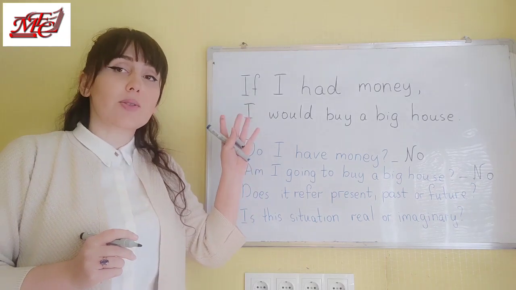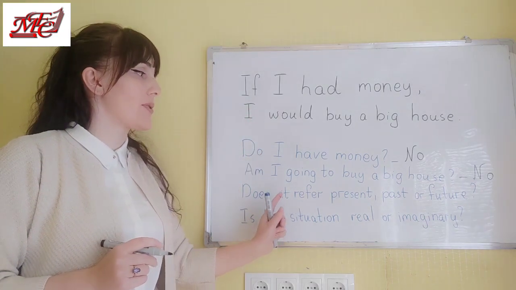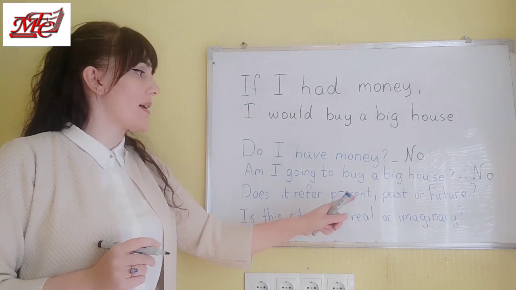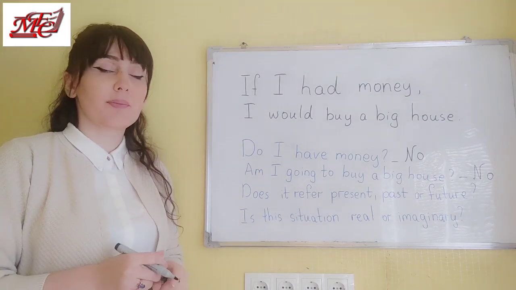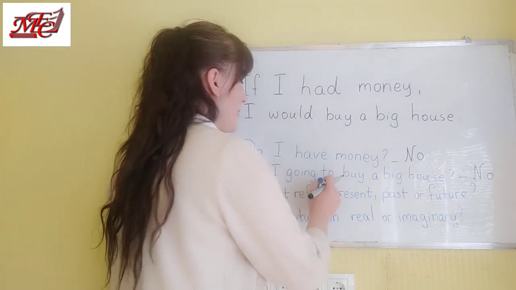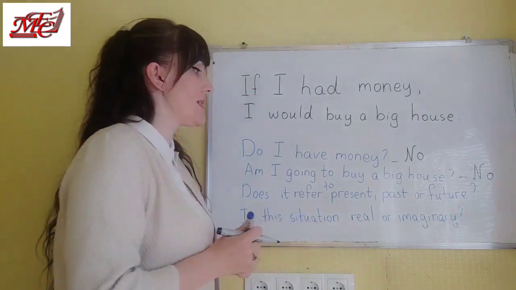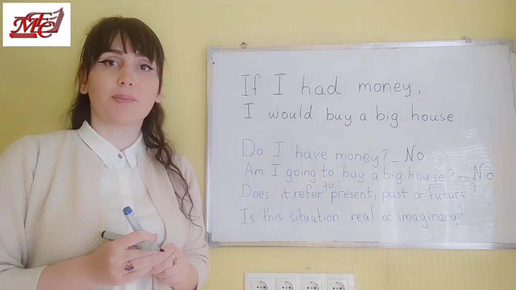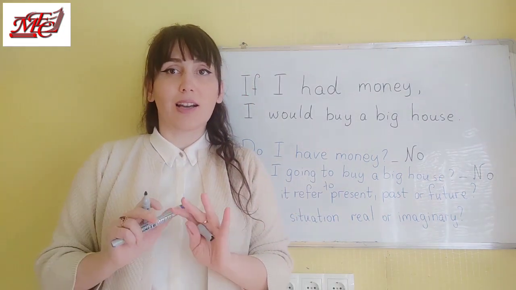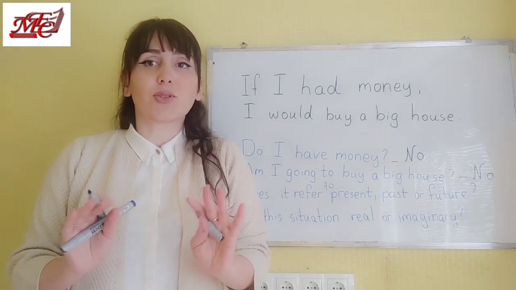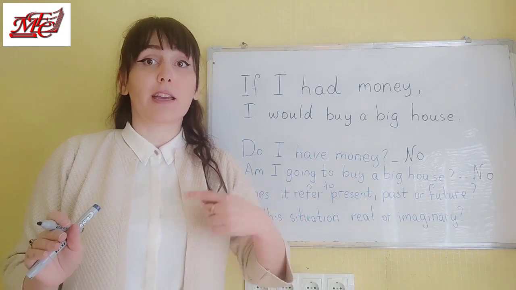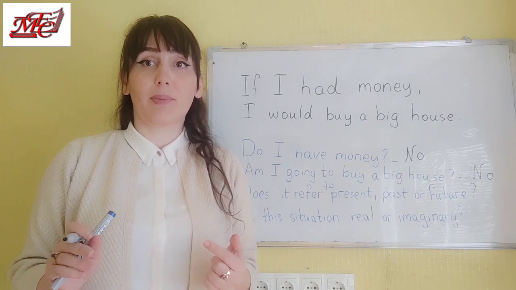So according to this sentence, does it refer to present, past or future? So when I say I don't have money, I don't have a big house. If I had money, I would buy a big house.